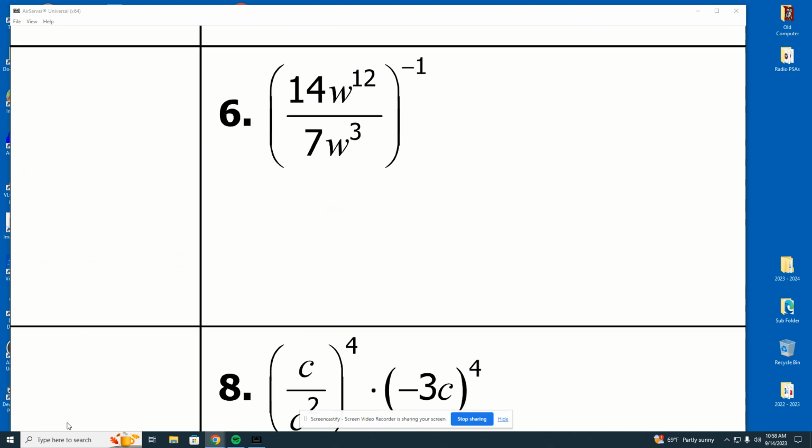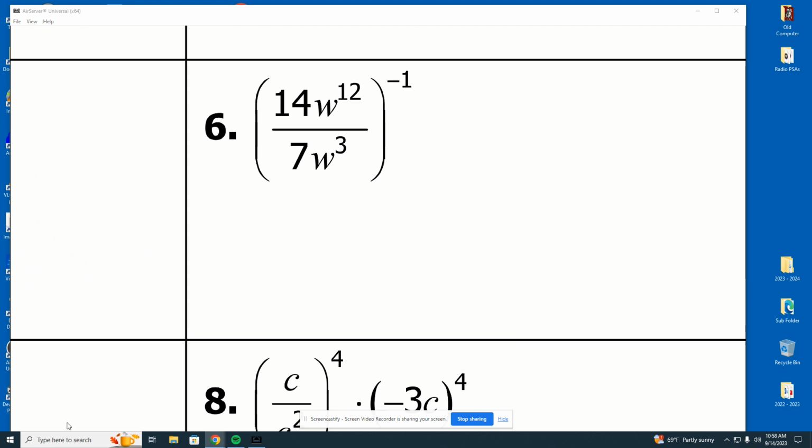All right. Number 6. Number 6 is way easier than sometimes people think it is. Remember the rule with negative exponents? What I said? You got to change the location. Well, look. What's being raised to a negative exponent? A fraction. What can I do to a fraction to change the location?